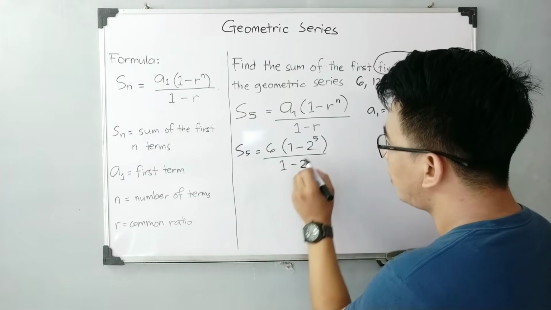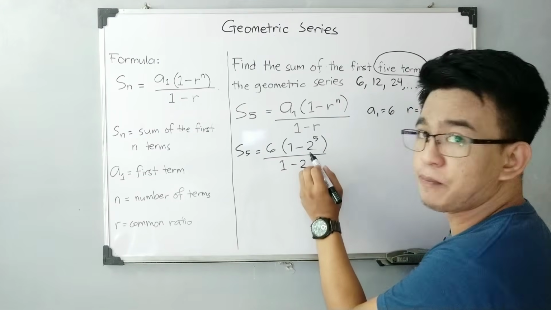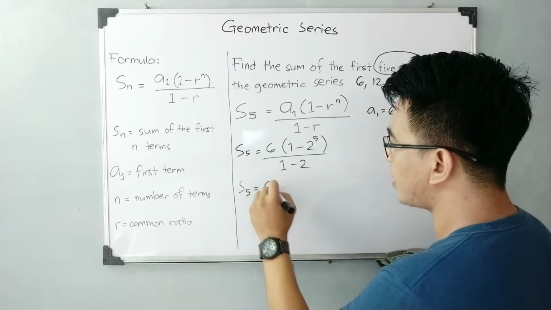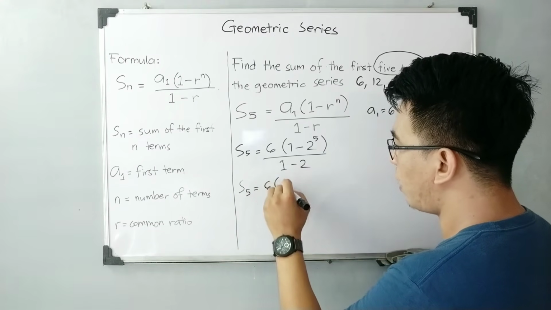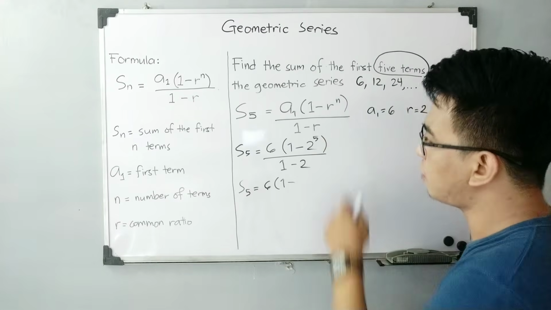Now, let's continue. We need to simplify first the expression inside the parentheses. S sub 5 is equal to 6 times 1 minus 2 raised to 5.